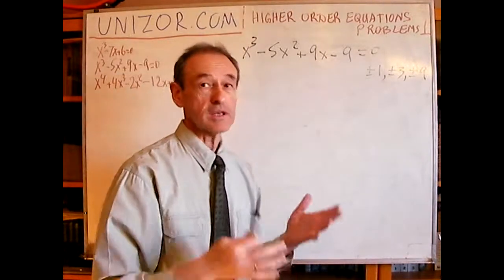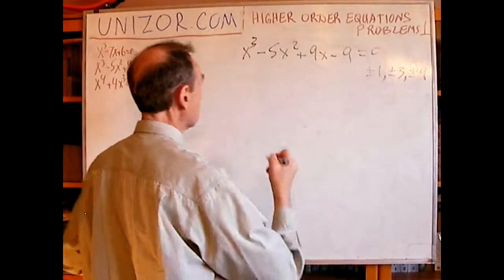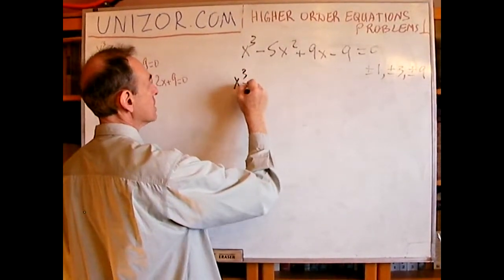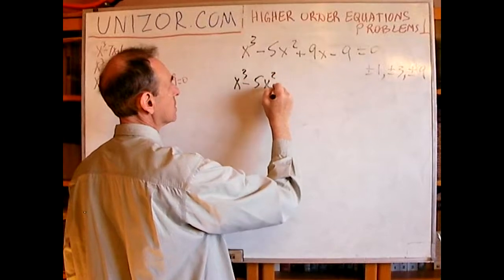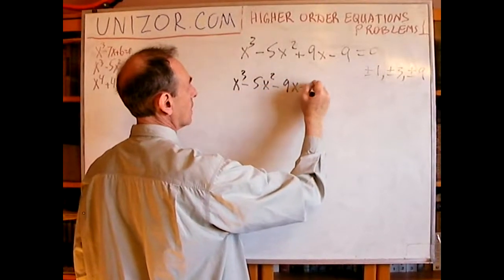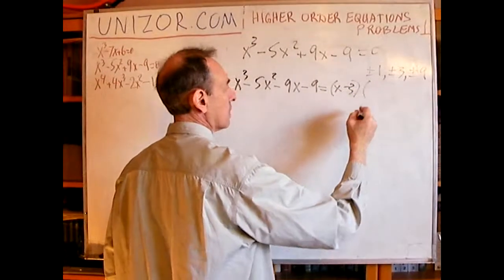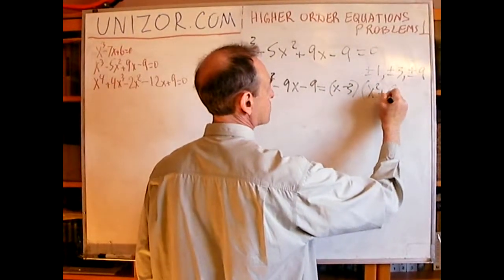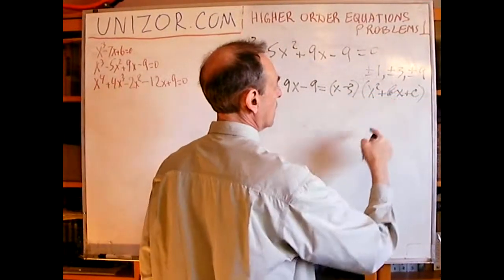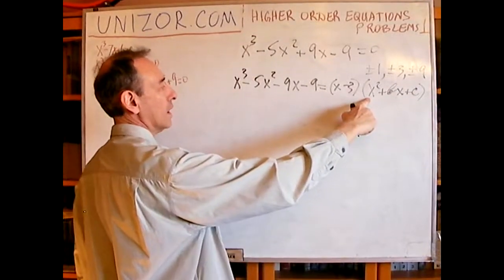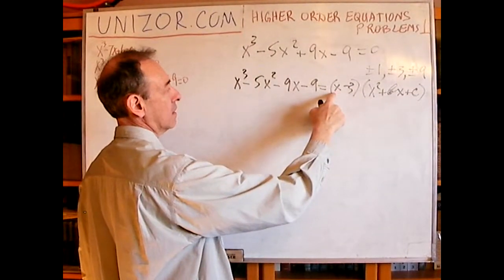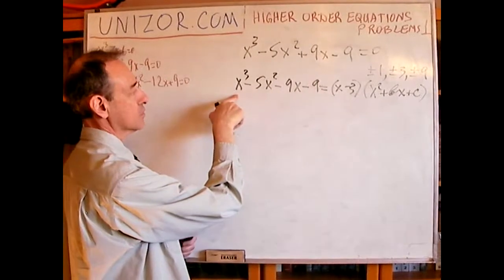Okay, so 3 is good, which means we can always represent this as x minus 3 times x squared plus bx plus c. Again, I'm using the coefficient 1 here because the product should have the coefficient 1 at x cubed.